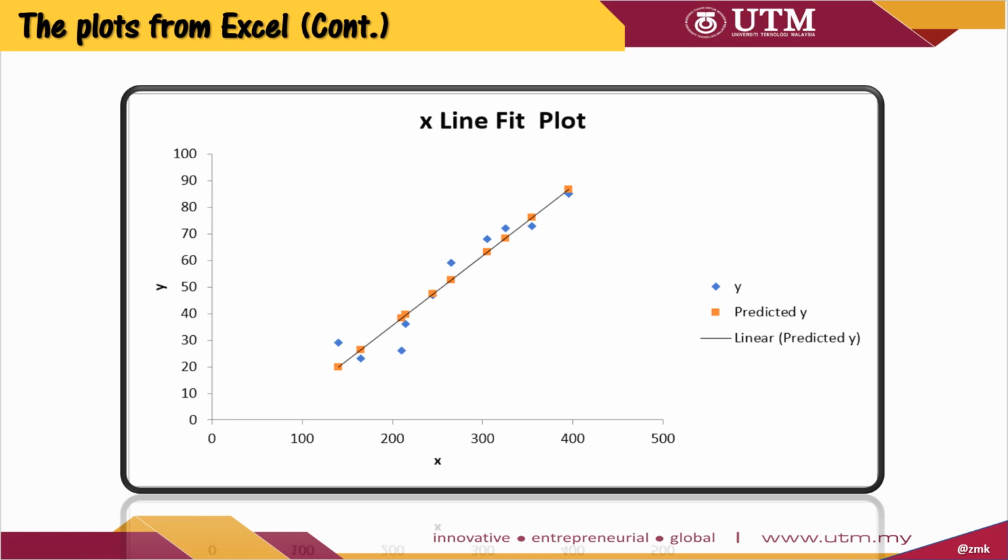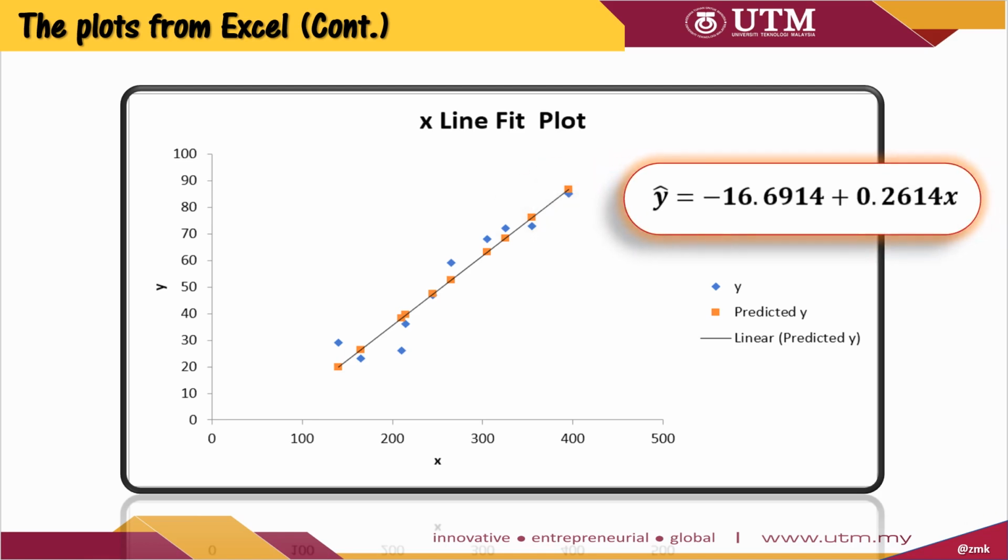You can use the chart element editor as well to obtain the predicted straight line of y on x, given by y hat equals negative 16.6914 plus 0.2614 times x for the task 7.4 question 2 example.